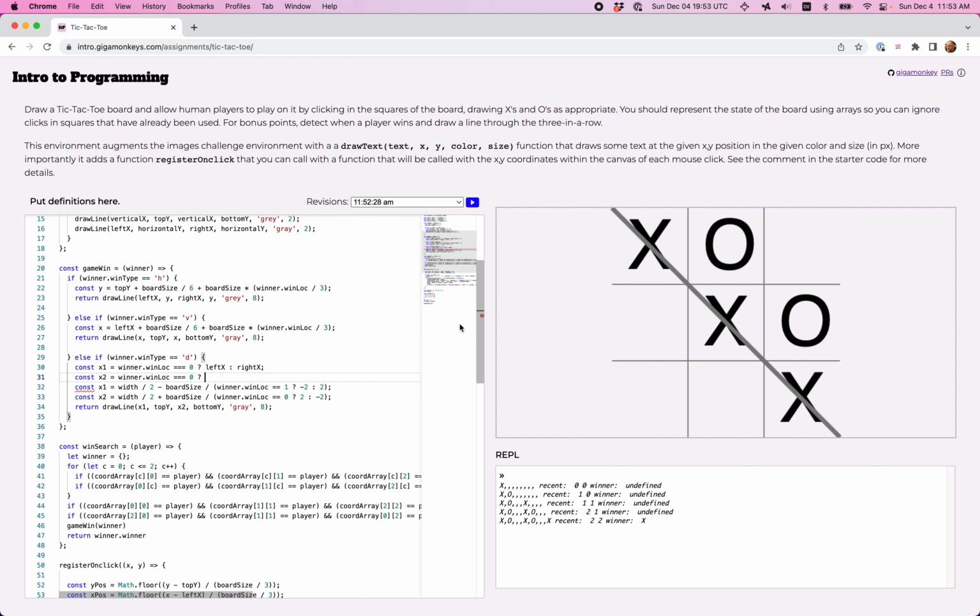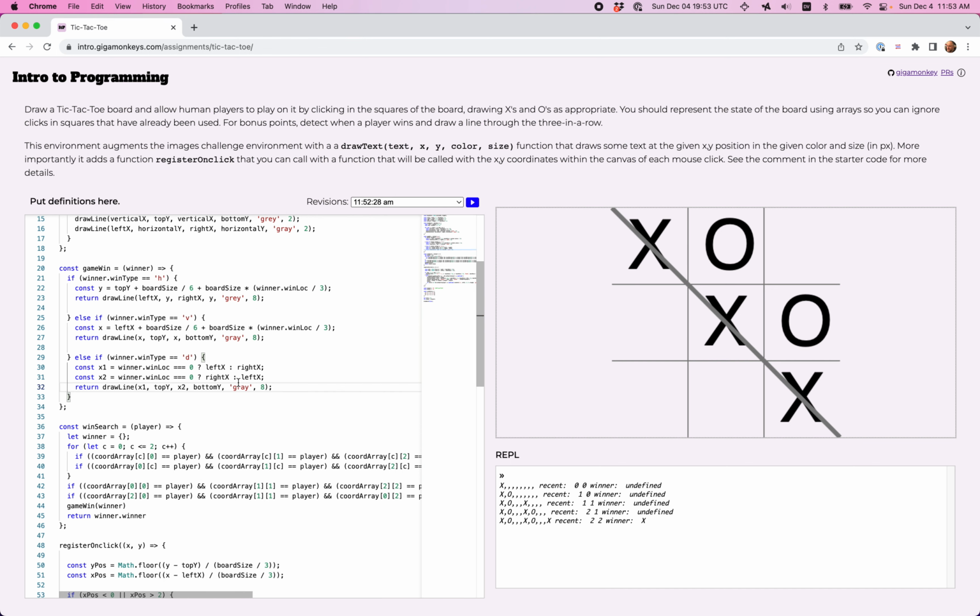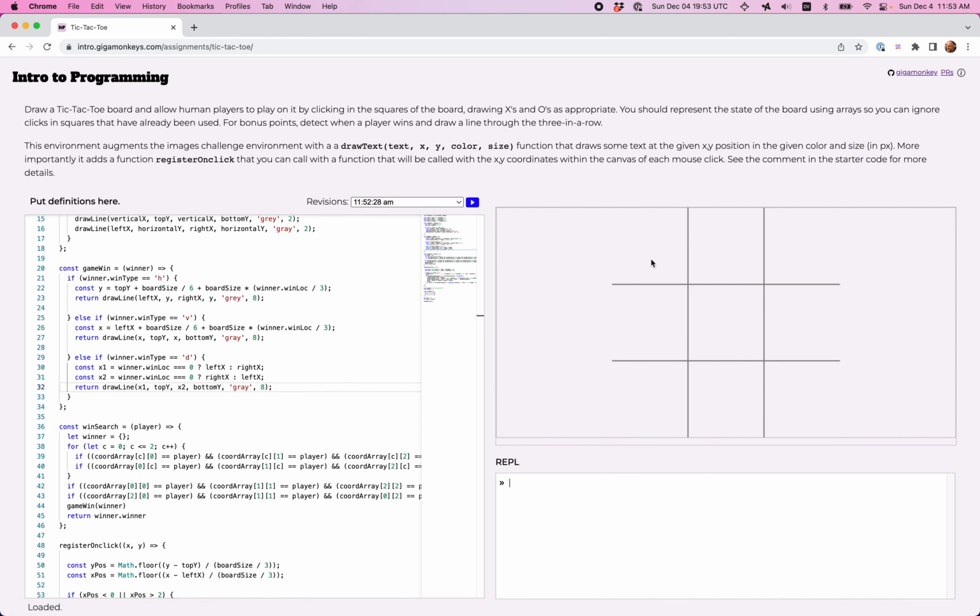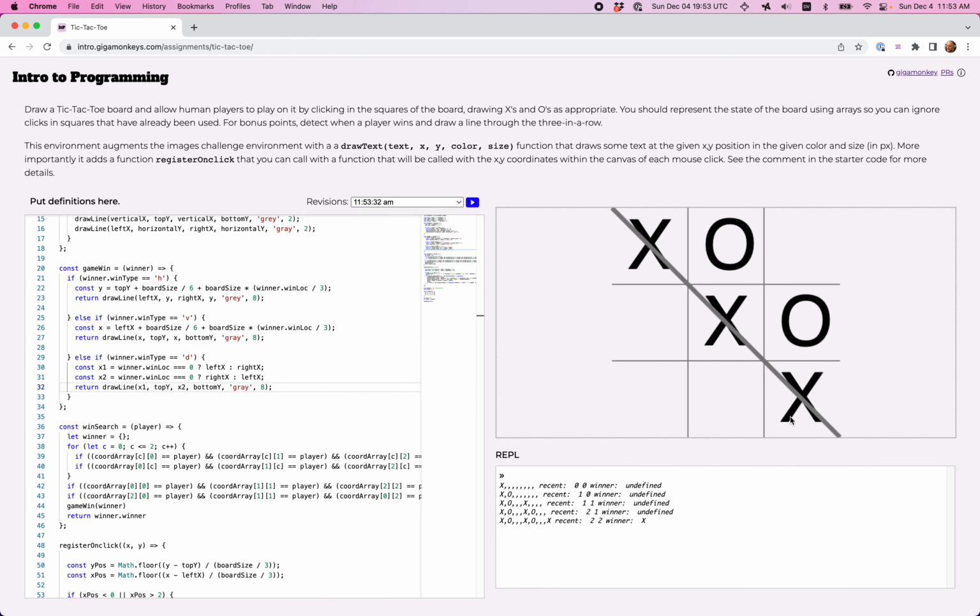If it's location 0, we're going from top left, so left to right. If so, left to right, so that means clearly we have to be going the other direction. Is that just going to work? Yes.